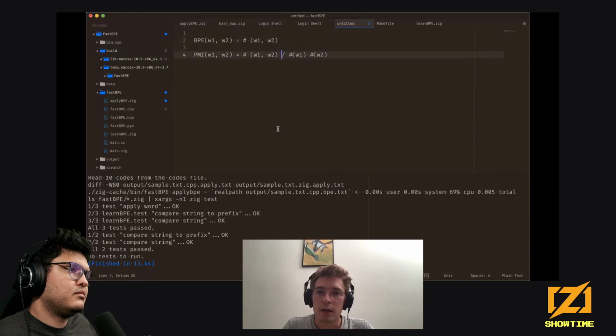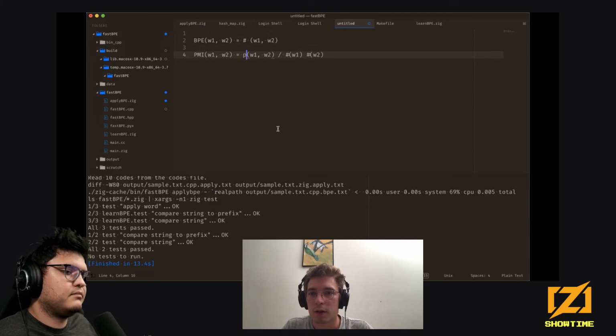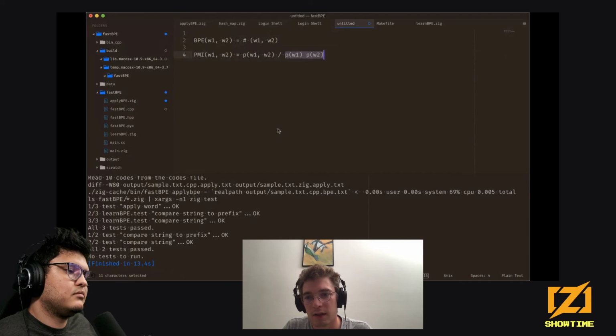So first, we are going to turn that into probabilities. And what that means is, this is the probability of the two of them appearing together, and this is the probability of the two of them appearing together even if they were totally independent events. So in my example, the dot can appear next to almost any letters, but it's not as informative, because the dot is something that often comes after some specific word.